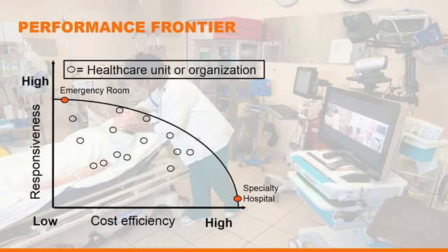They would have very high cost efficiency, but they would not be able to respond in a way in which a general hospital would be able to respond in terms of other problems that a patient might have. So those are the two extremes. Now, the dots that you see inside the performance frontier represent the different units of a hospital or different hospitals that are at different levels of compromises between these two aspects of cost efficiency and responsiveness.